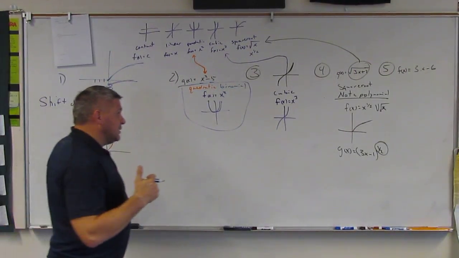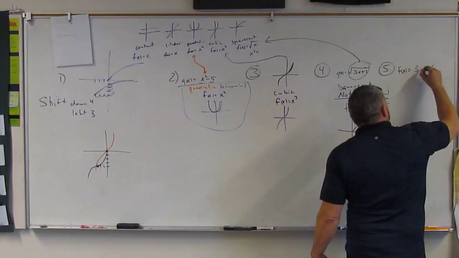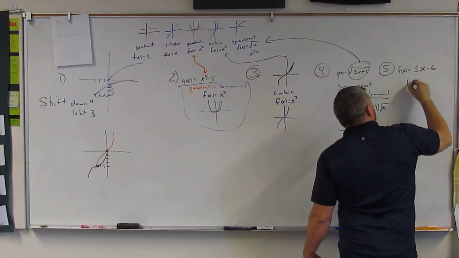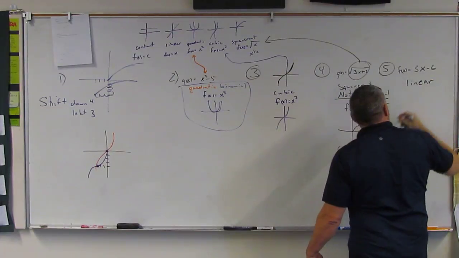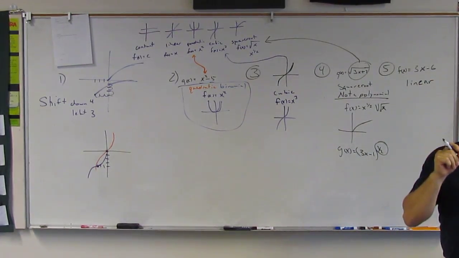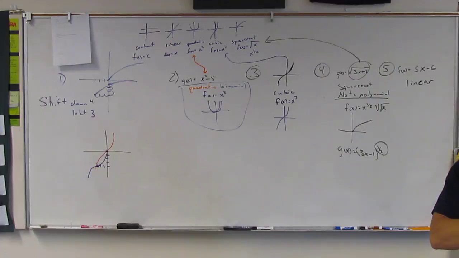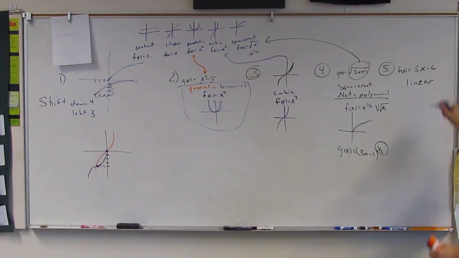Very good question. This one, because it has an x, it is a linear, right? It is linear, right? And a linear what? Monomial, binomial, trinomial. How many pieces?